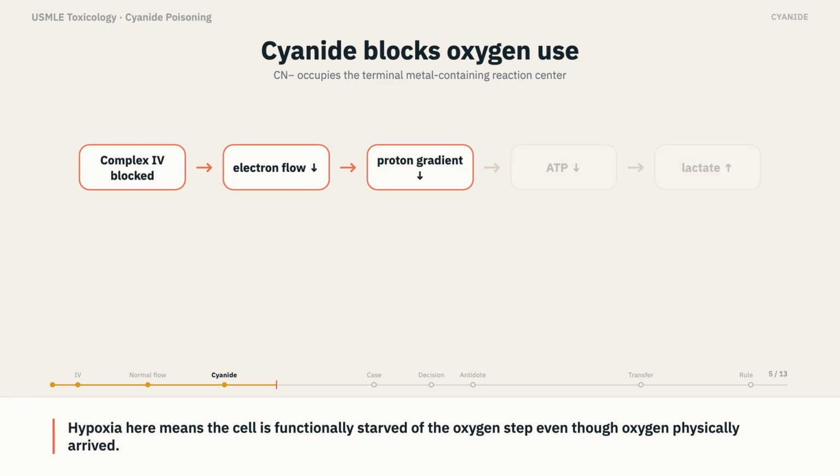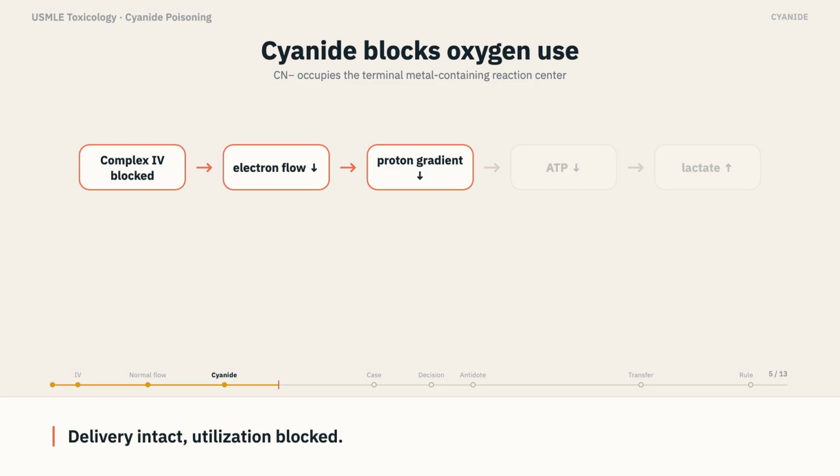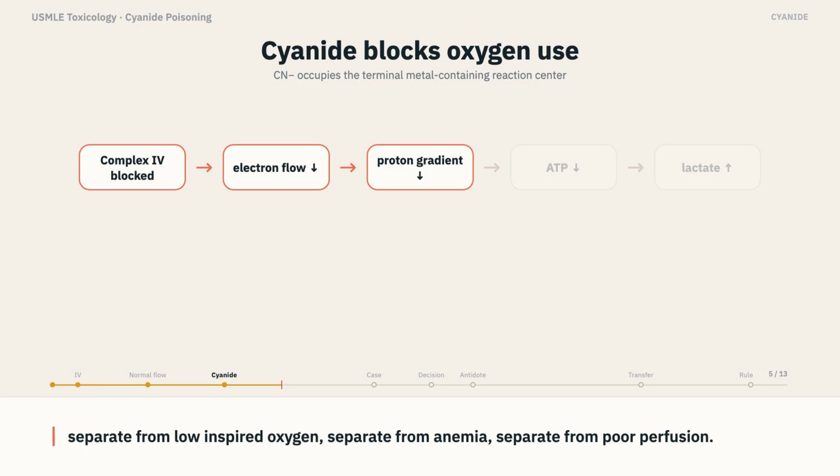Hypoxia here means the cell is functionally starved of the oxygen step even though oxygen physically arrived: delivery intact, utilization blocked. If you build a mental filing system for hypoxia, this is its own drawer, separate from low-inspired oxygen, separate from anemia, separate from poor perfusion.